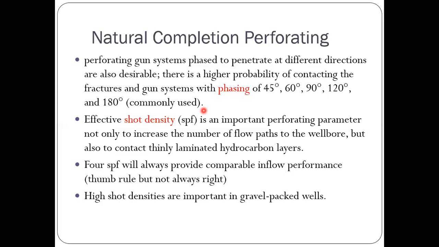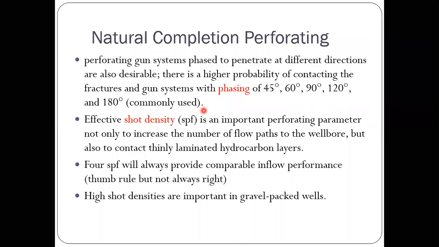Generally 4 SPF will provide comparable inflow performance, but this is a thumb rule which may not be accurate or correct for all formations. So from experience, you can find out what number of perforations is more suitable for particular formations. And high shot densities are important in gravel packed wells.